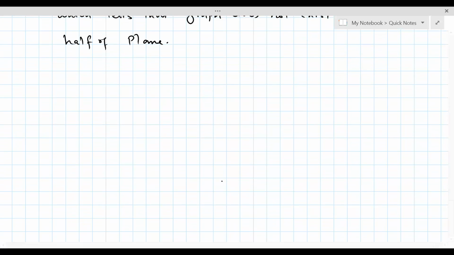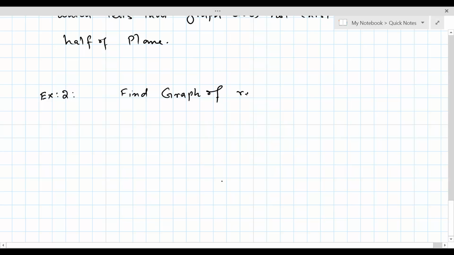For example, example 2, find graph of reciprocal function for y is equal to x square minus 4.